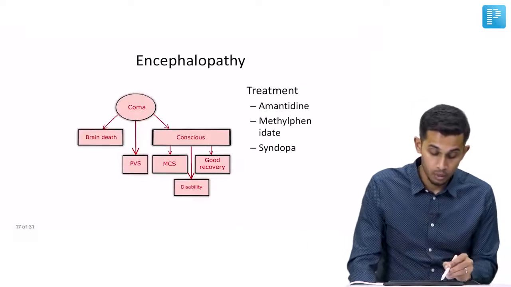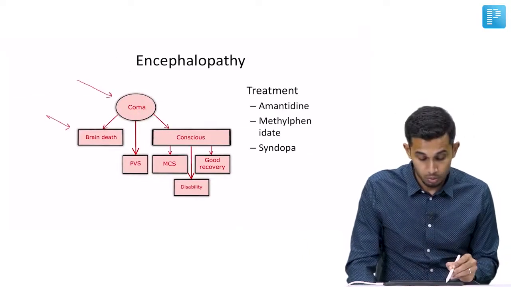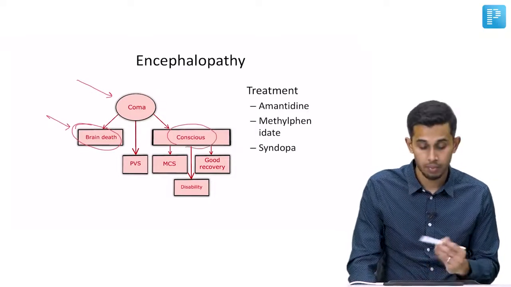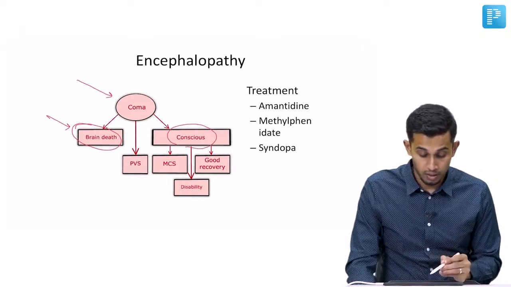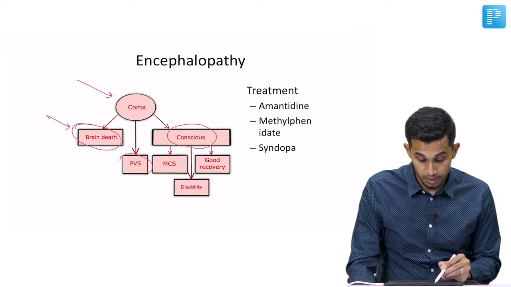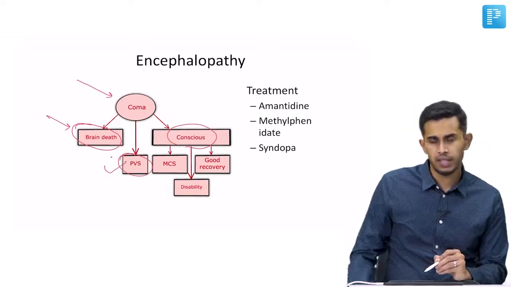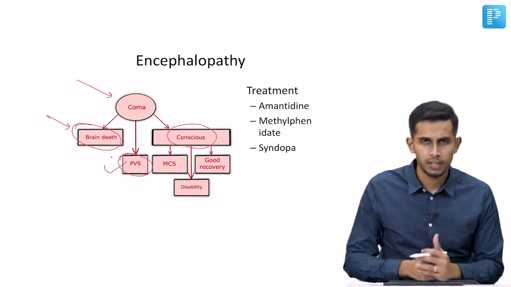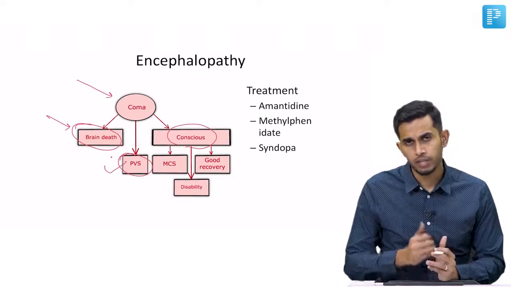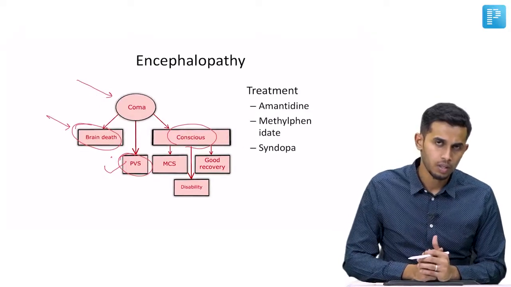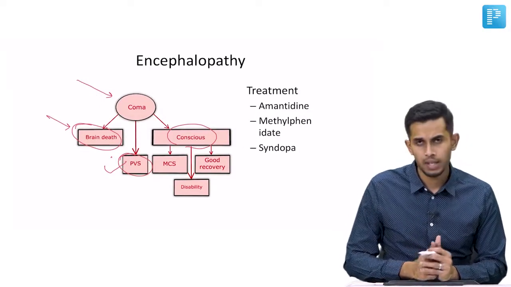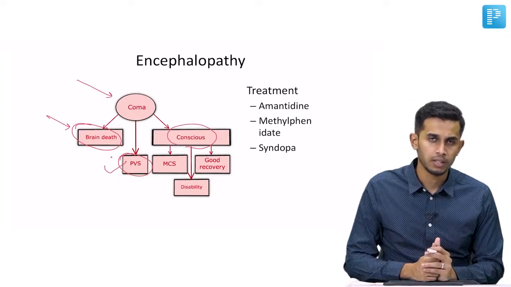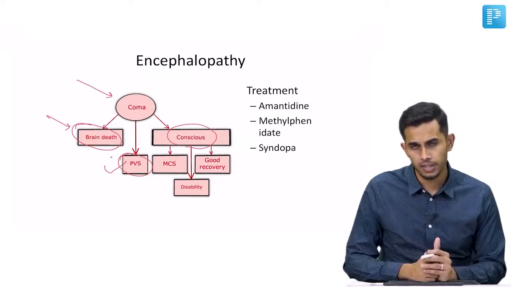Next, a patient with coma can go on to become brain dead, or they can recover and become conscious. If not, then they can be in a persistent vegetative state. Depending on the cause of the coma, we can divide persistent vegetative state into two. If trauma is the cause of coma, then if the patient is in a vegetative state for more than 1 month, we consider it as persistent vegetative state.